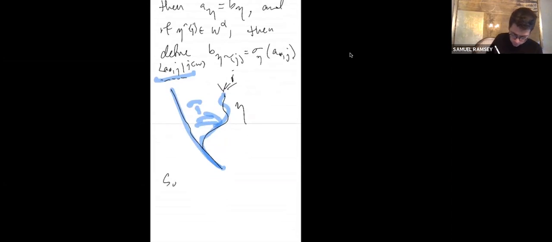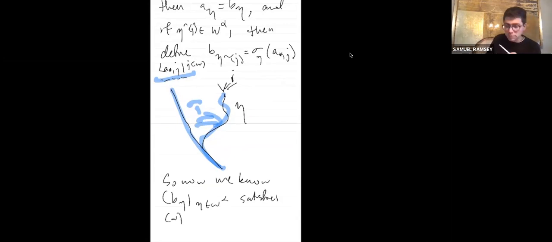So now we know B eta, eta in omega to the alpha satisfies A, paths are consistent because the all zeros path was consistent. And every other path is going to be an image of that all zeros path under an automorphism, together with one of these new formulas.